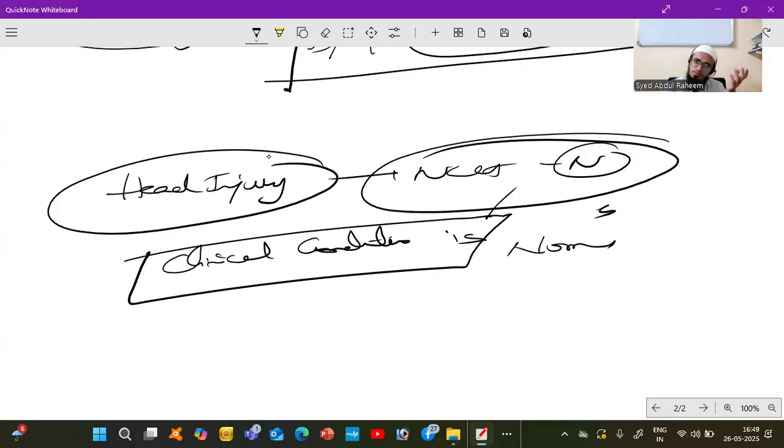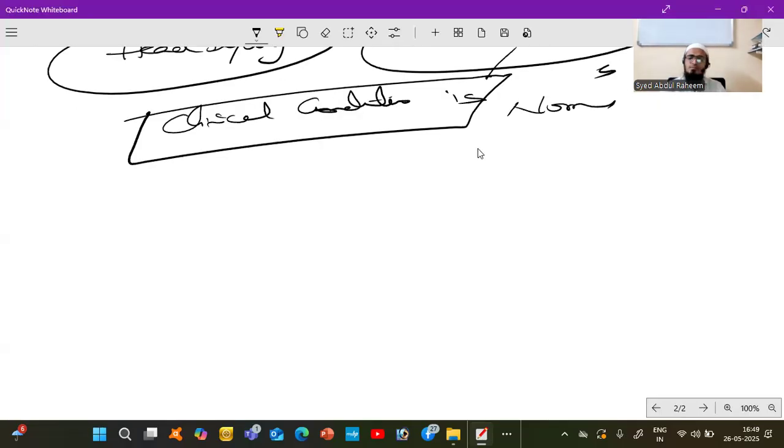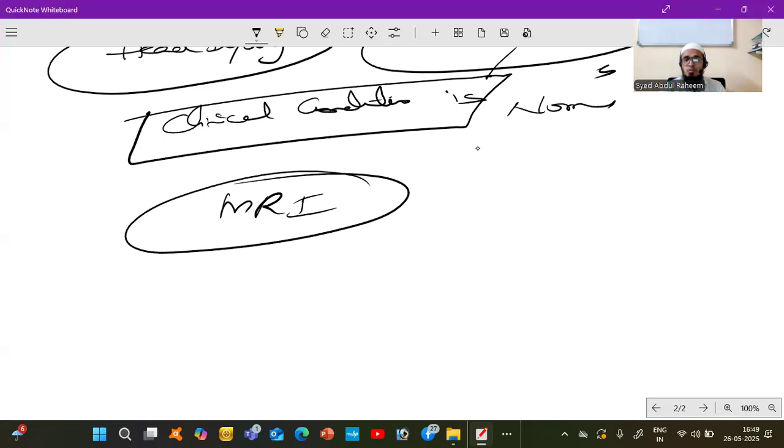After head injury, he lost consciousness, is unable to move his hands, unable to walk, unable to talk. So what is the investigation of choice for that person? If NCCT is normal, then the investigation of choice is MRI. And most probably after traumatic head injury, the diagnosis is mostly DAI.